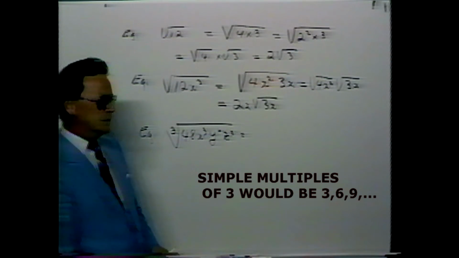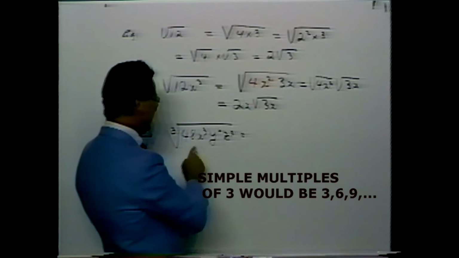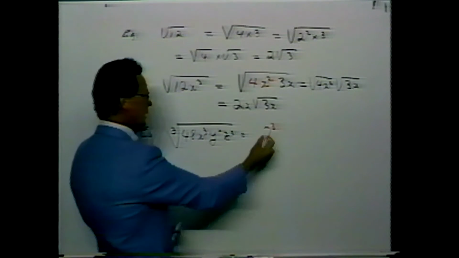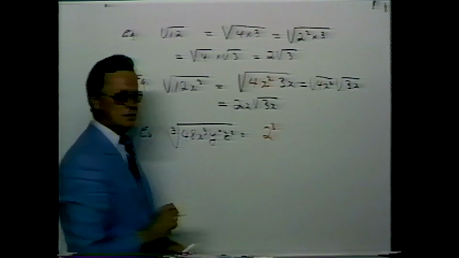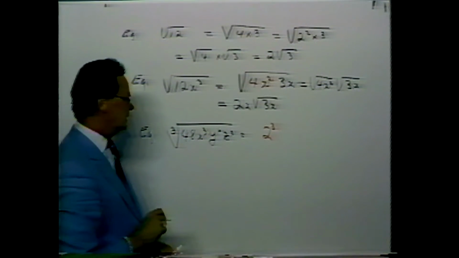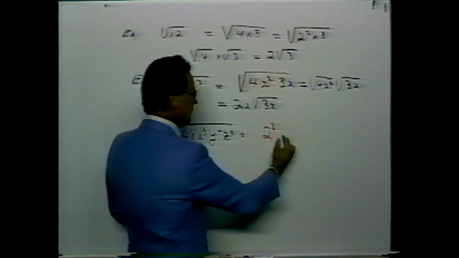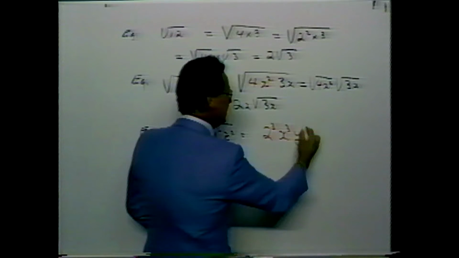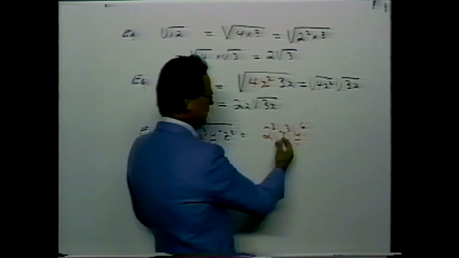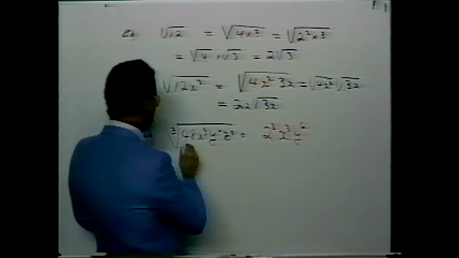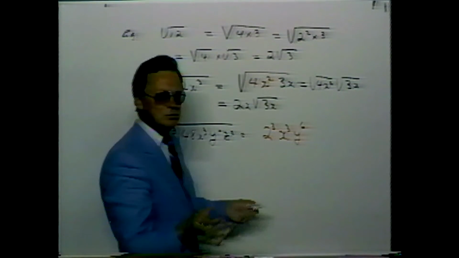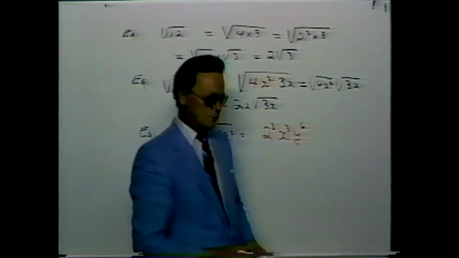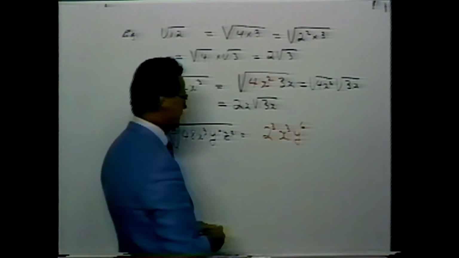Well, we certainly can, because 48 contains 2 cubed, and 3 is a simple multiple of the index 3. Similarly, x cubed, similarly y sixths. Powers which have exponents that are simple multiples of the index have to be removed from the radicand in order to express the radical in its best form.